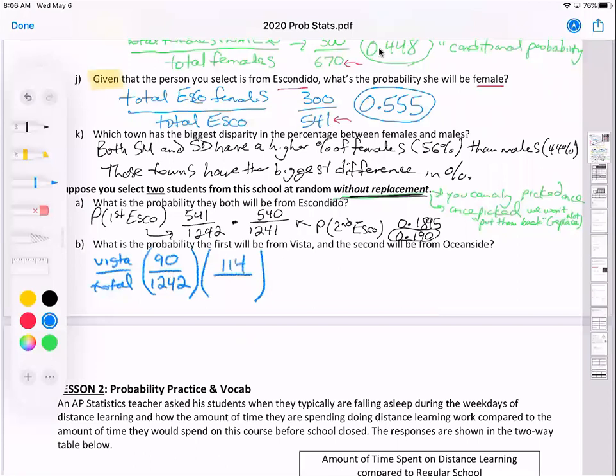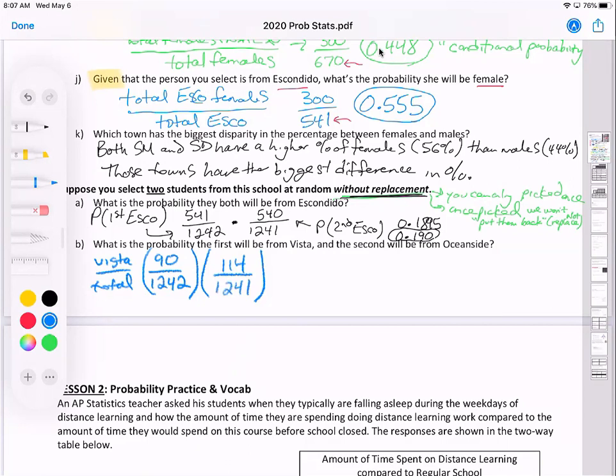Now that number is not going to decrease by one like it did in the previous one because this is a different location. If you've selected one student from Vista, you still have 114 from Oceanside. But our denominator is going to go down by one because you have one fewer student that you just selected. So you have 1241. So we would have 90 divided by 1242 times 114 divided by 1241.